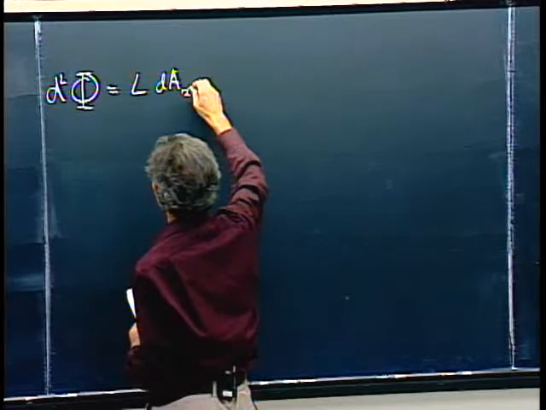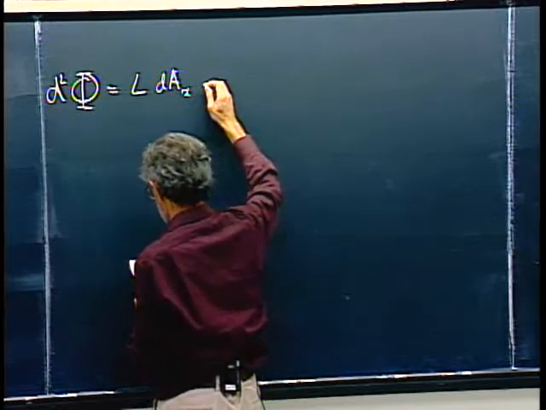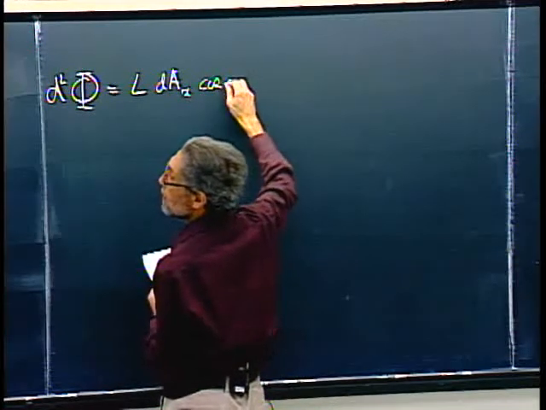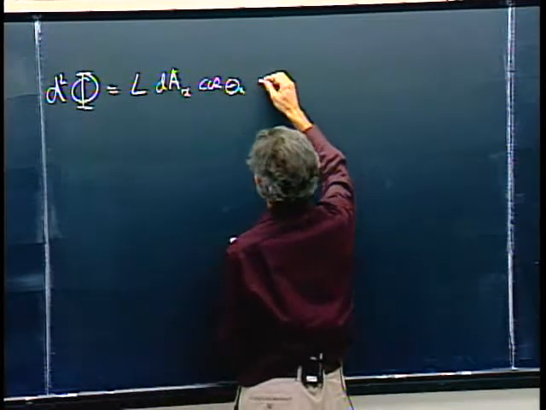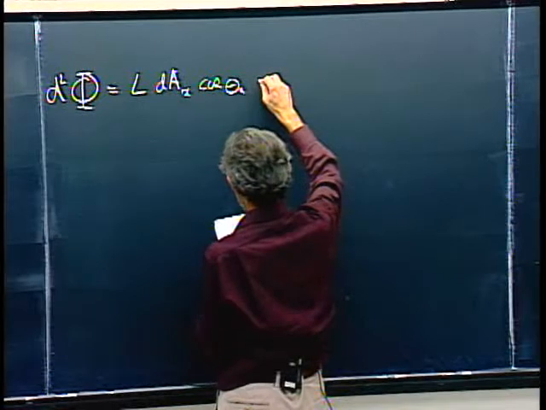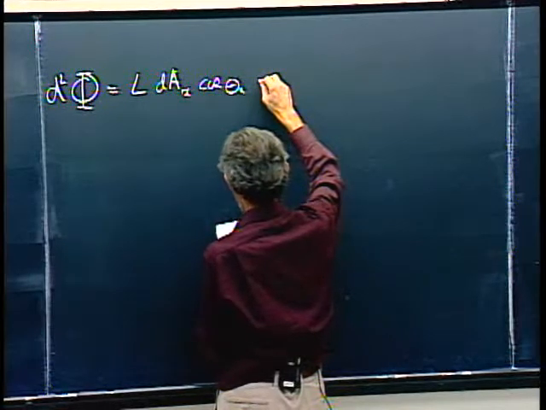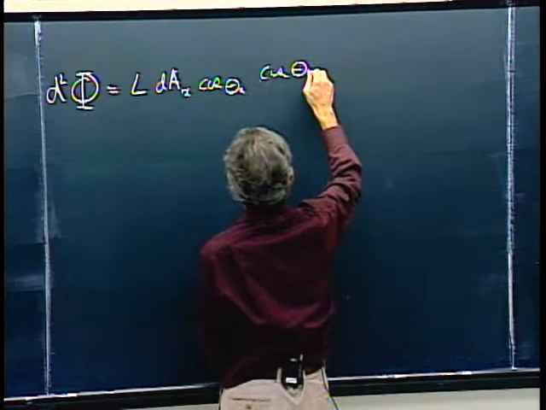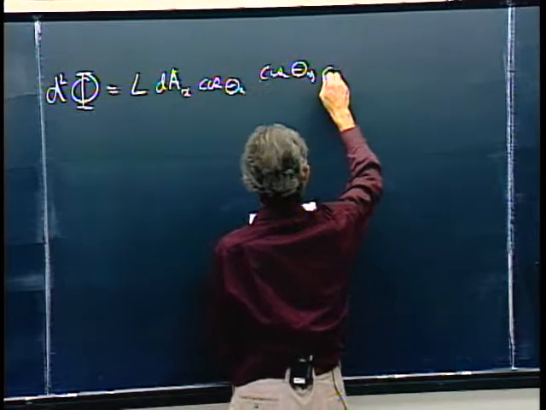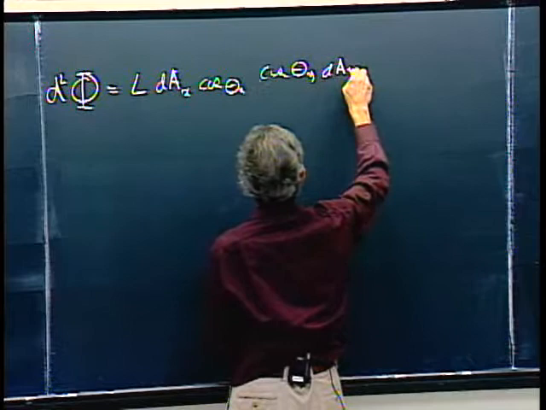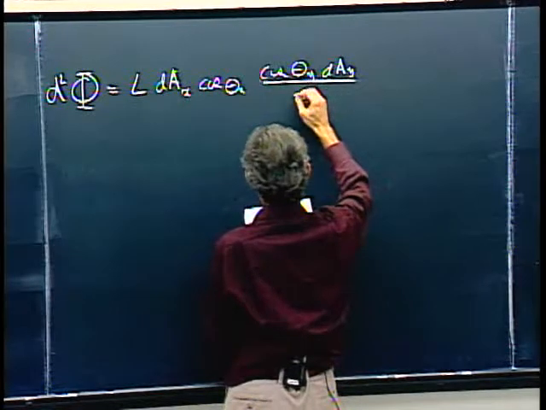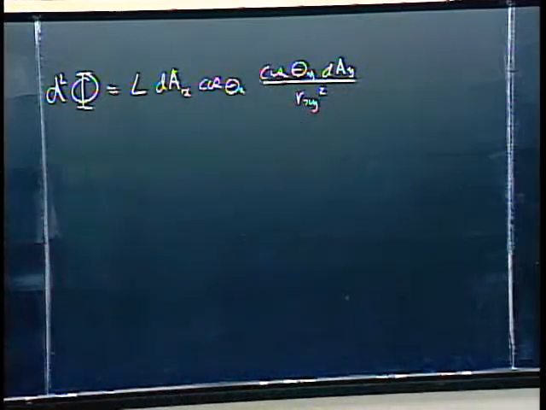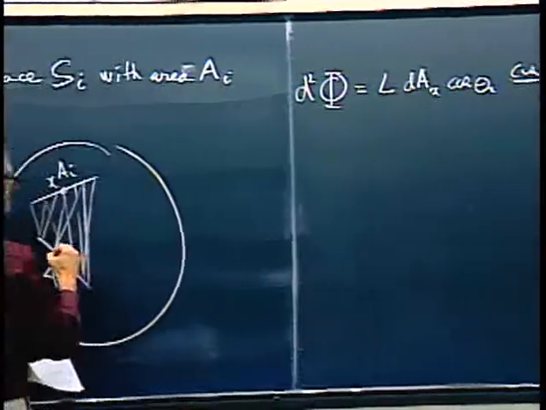And then times cosine theta x, times now the solid angle dA_y, which is cosine theta y dA_y over r_xy squared.